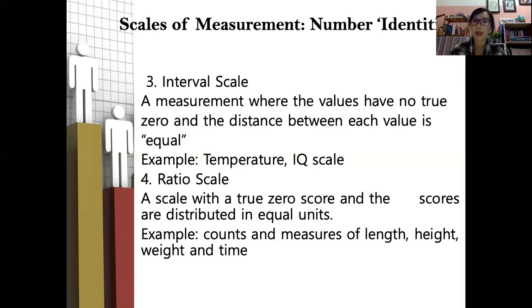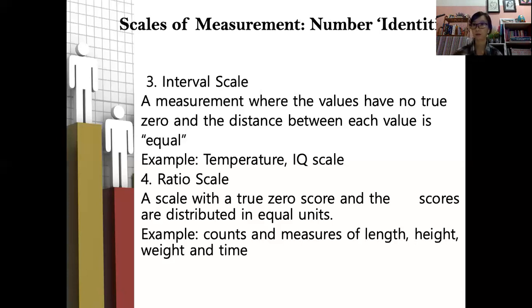And then the scores can be interval scores, or when you have true zero. What does it mean by true zero? When you have like 0 for not answering anything correctly.